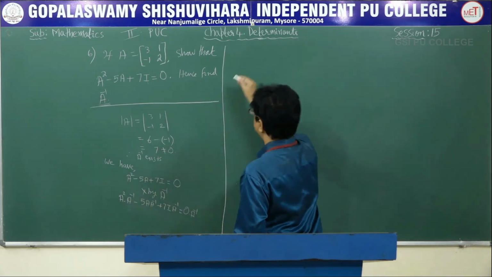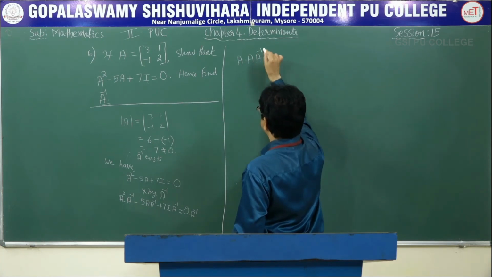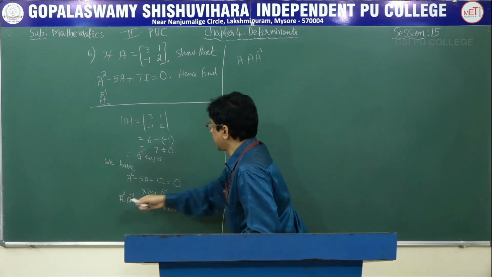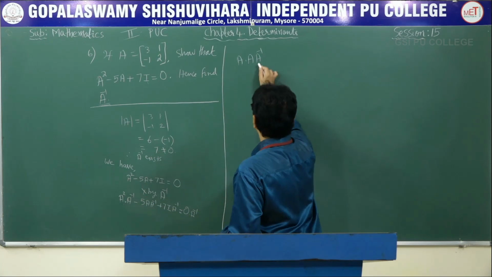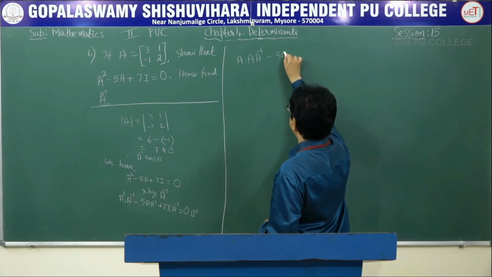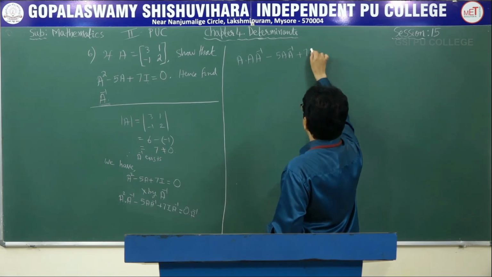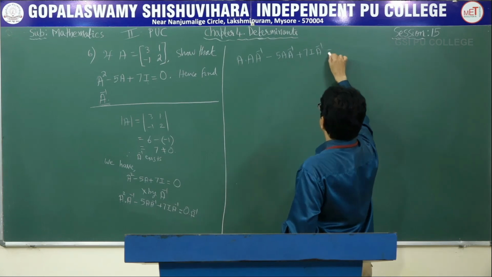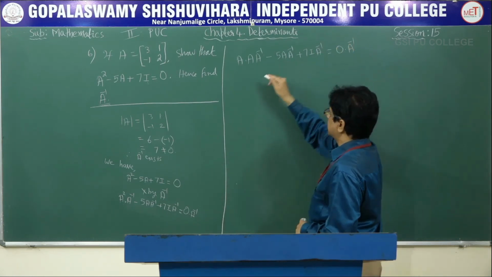A square can be written as A into A. So A square can be written as A into A, minus 5 into A inverse plus 7I into A inverse is equal to null matrix into A inverse.